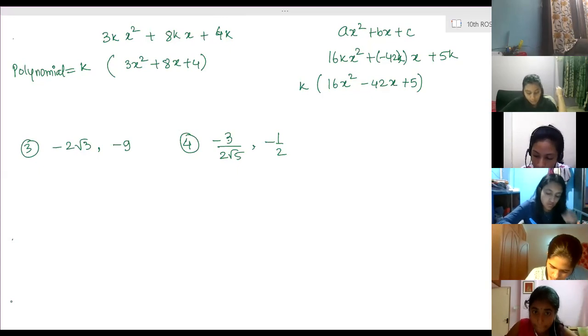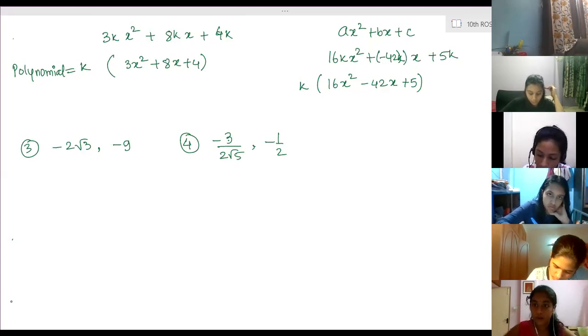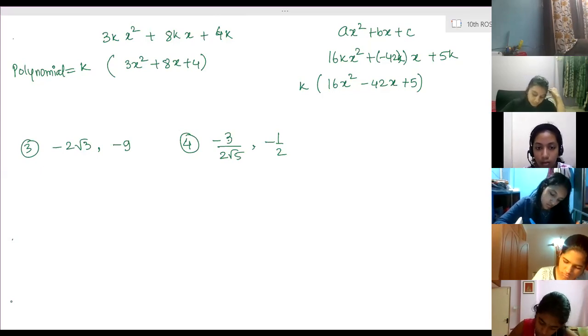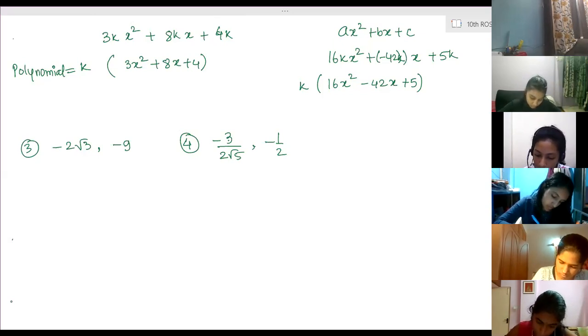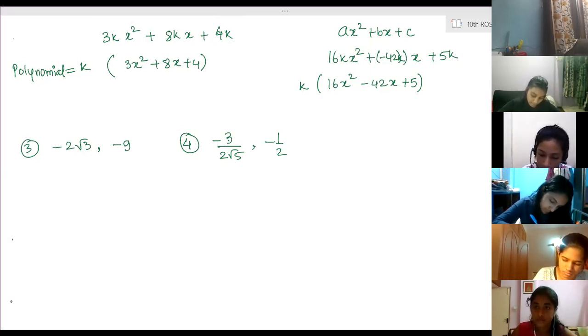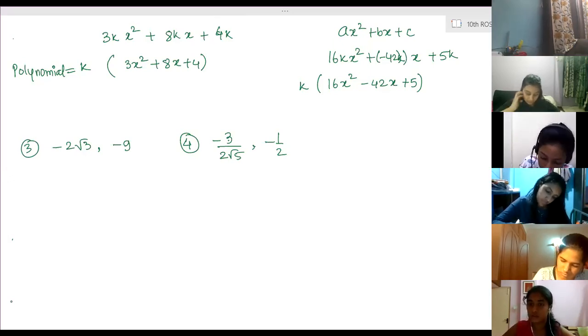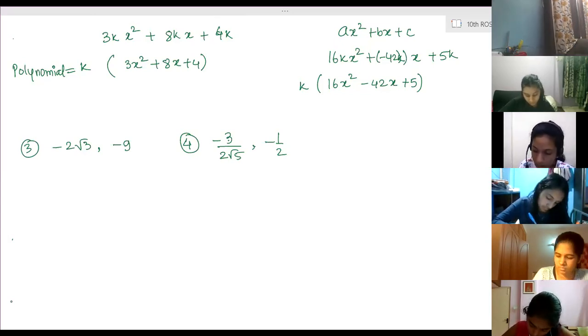Ma'am, is it x square plus 2 root 3x minus 9? Yes, right. Ma'am, for the third one, the answer is x square plus 2 root 3x minus 9.